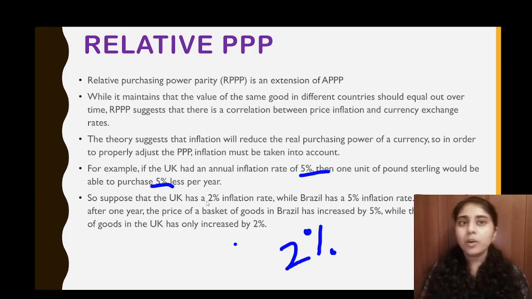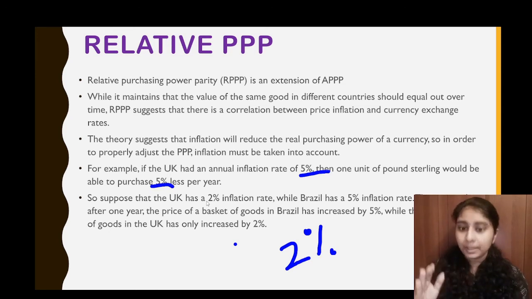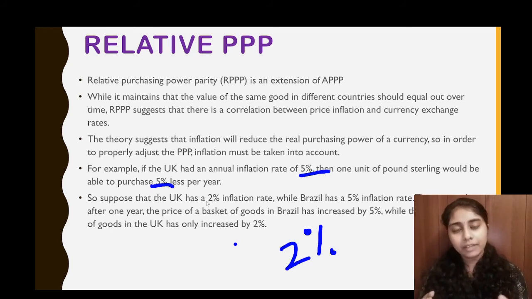That is, suppose we are buying a football. Okay, we can take the example of a football itself. In UK, there is an inflation and prices increase at a rate of 2%. Okay, so the price of the football will also increase by 2%. In Brazil, the inflation is 5%. Then the cost of football in Brazil will increase by 5%.